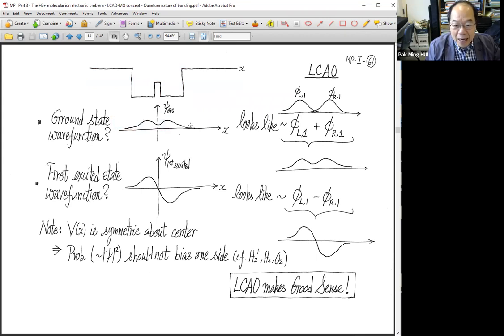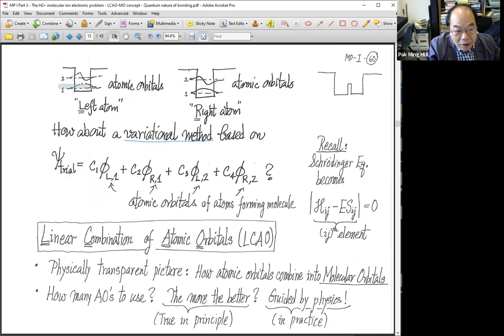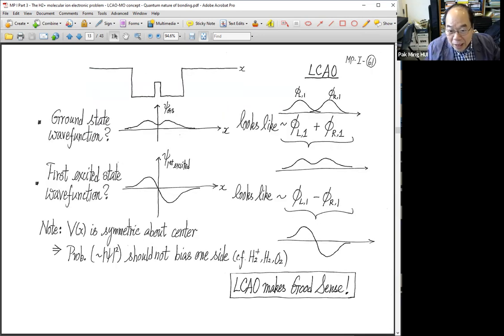Okay, now if we look at the two atomic ground states, the left one and the right-hand one, if we do a linear combination, that is to say we just add them up, but different centers, all right? So ground state on the left, ground state on the right, you add them up, it's already quite like the ground state.